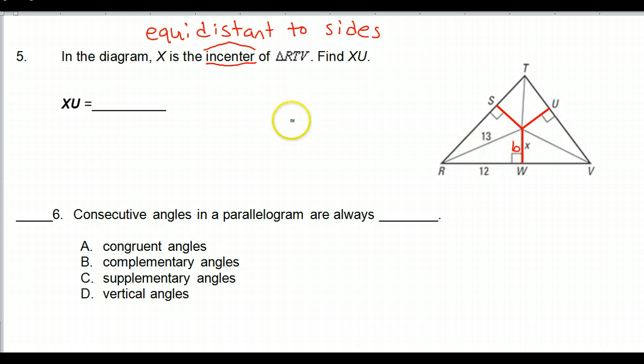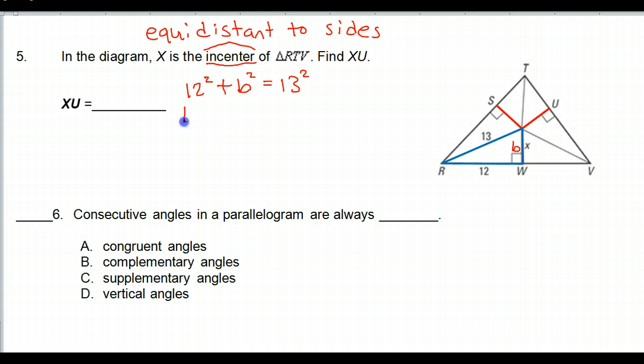But we can find this by the Pythagorean theorem. So we could do it like this, a squared plus b squared equals c squared. I am doing the Pythagorean theorem on this triangle right here. So 13 is the hypotenuse, which is how I knew to put it off by itself in the equation.